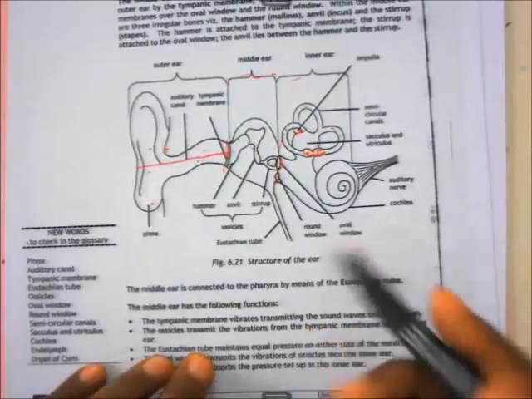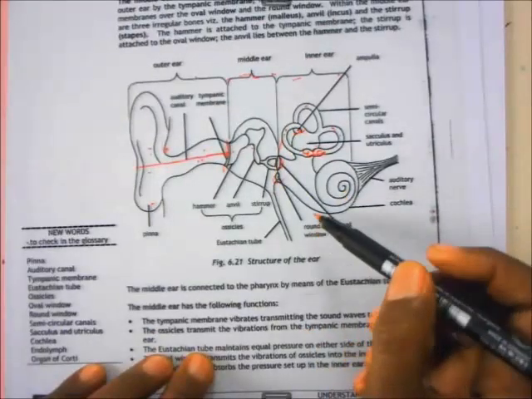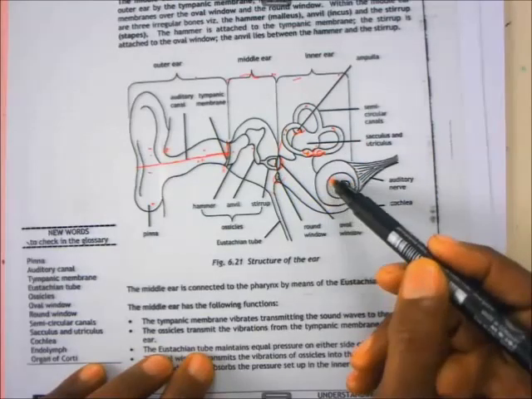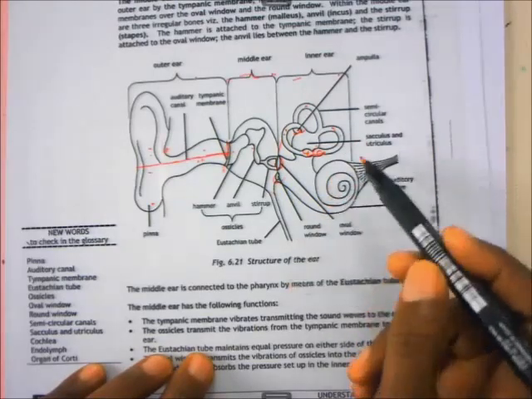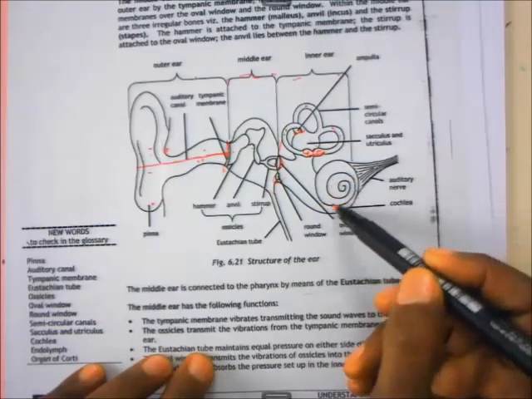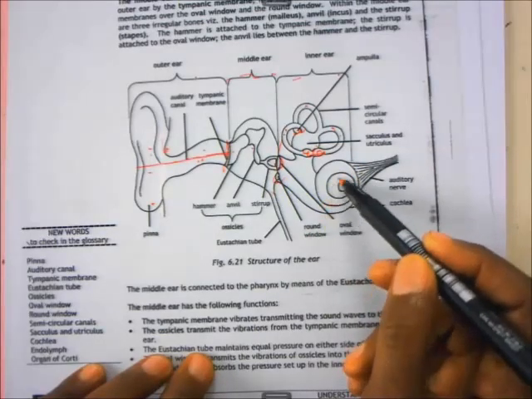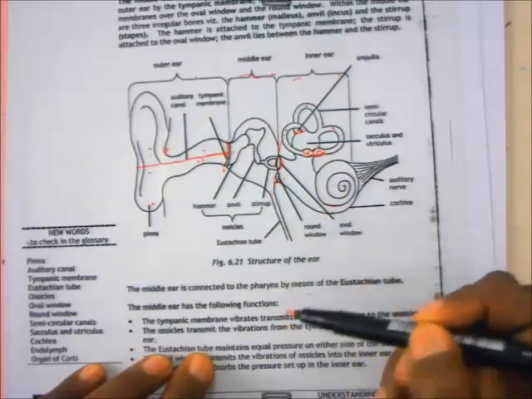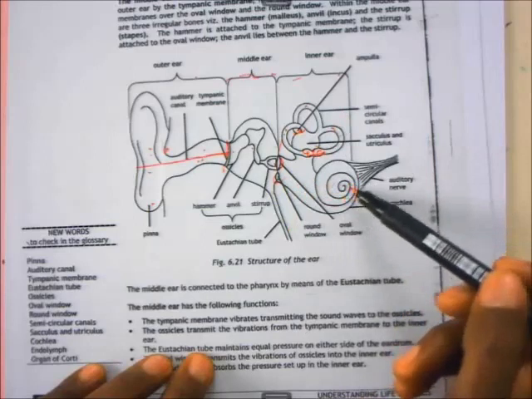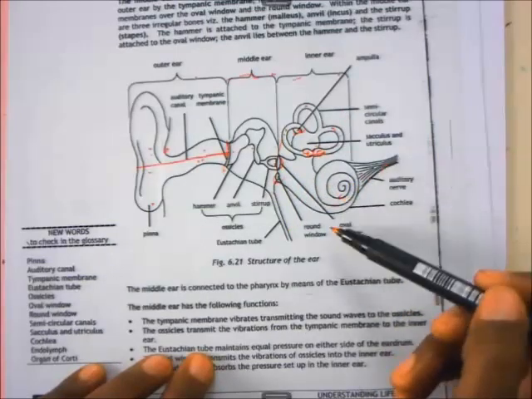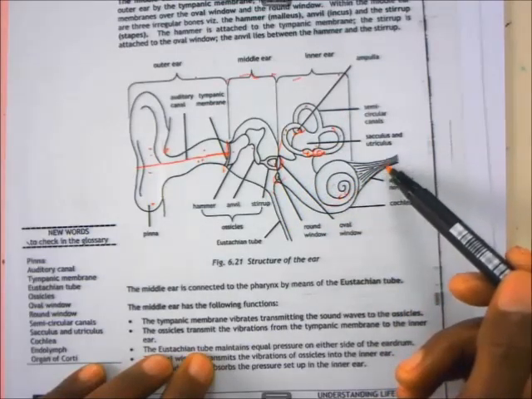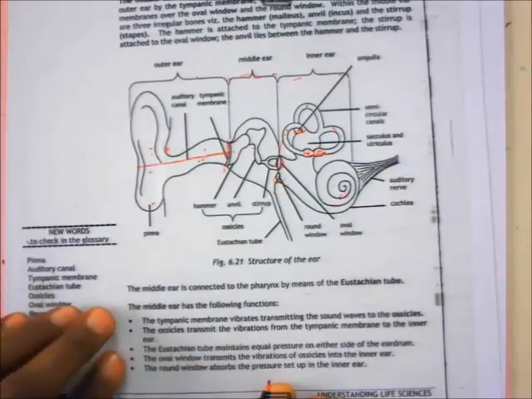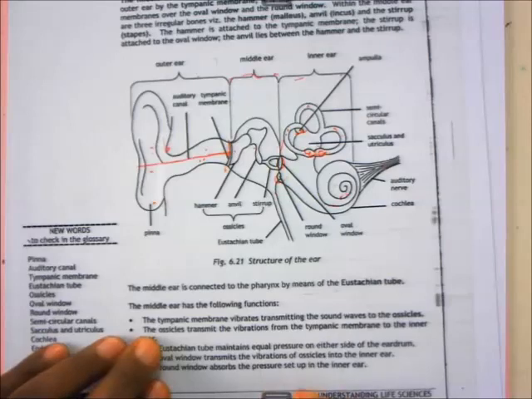The cochlea houses the receptors for hearing, called the hair cells of the organ of Corti. They convert a sound stimulus into an impulse so that the impulse can be taken by the auditory nerve to the brain for hearing to take place.